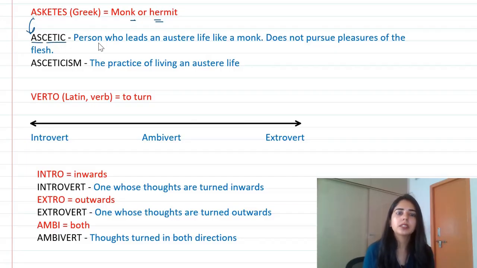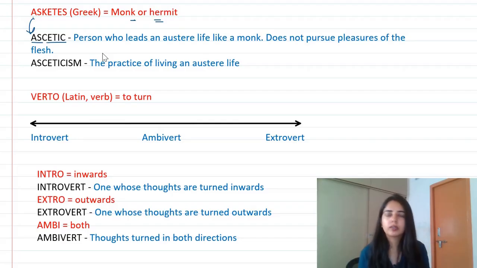A person who leads an austere life like a monk does not pursue pleasures of the flesh. Basically, what does a monk do? A monk's primary goal is spiritual advancement or liberation or moksha. They are not looking for the most luxurious clothes or home or traveling and all of that. They are looking towards spiritual advancement.